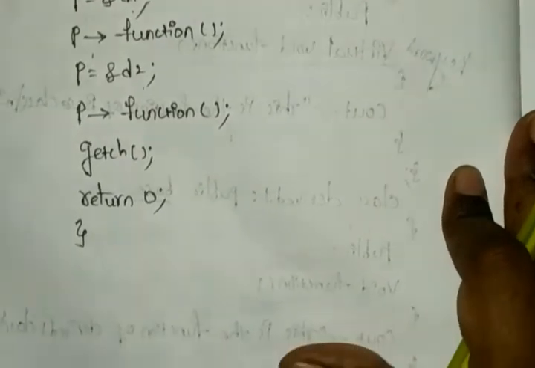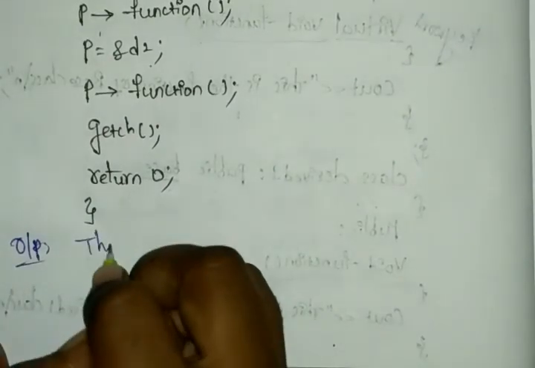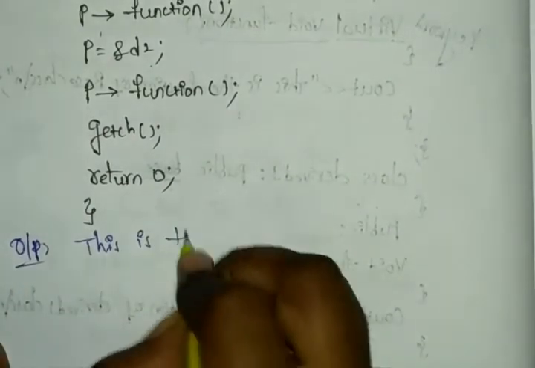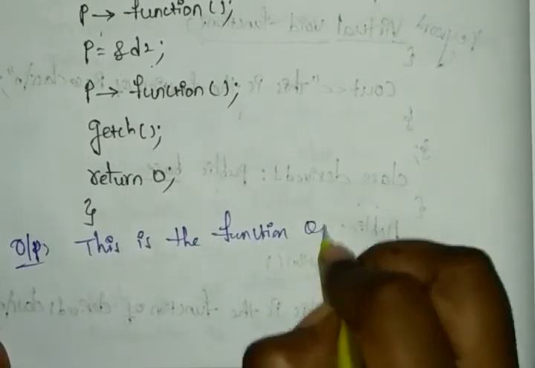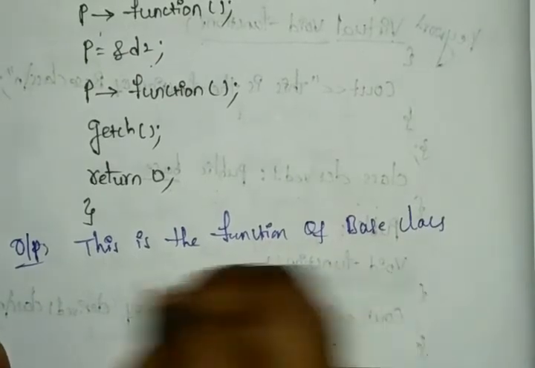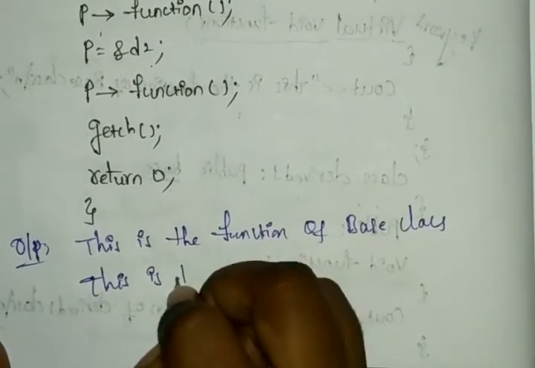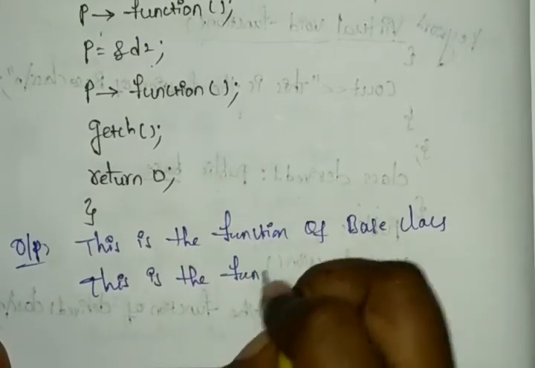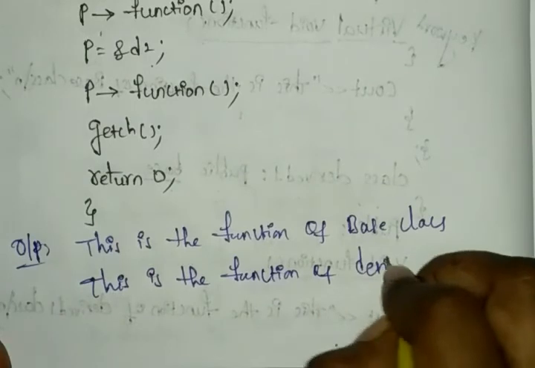Whatever you give in the output will be displayed. After that, in the second section, this is the function of the derived class.